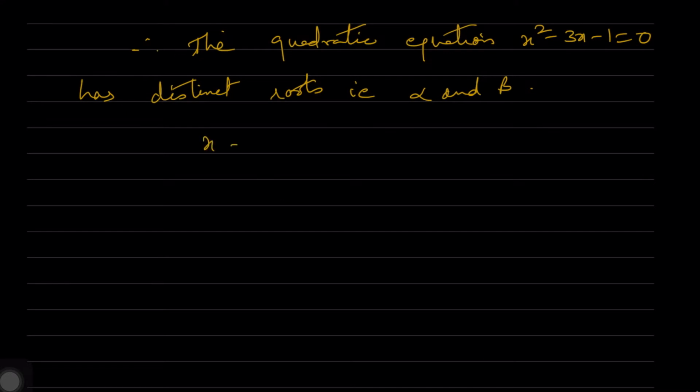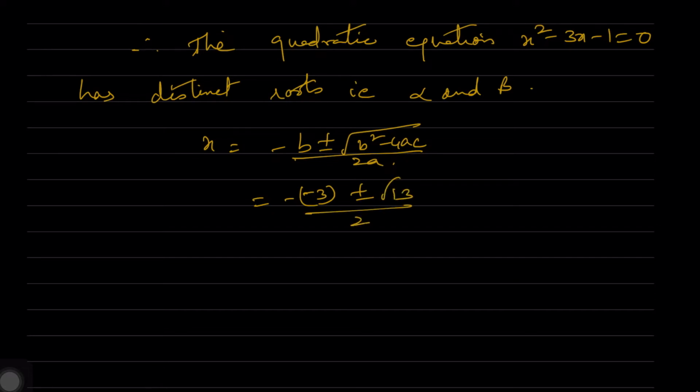So therefore x is equal to minus b plus or minus root of b square minus 4ac by 2a, which is equal to minus of minus 3 plus or minus root of 13 by 2 into 1, which is equal to 3 plus or minus root of 13 by 2.